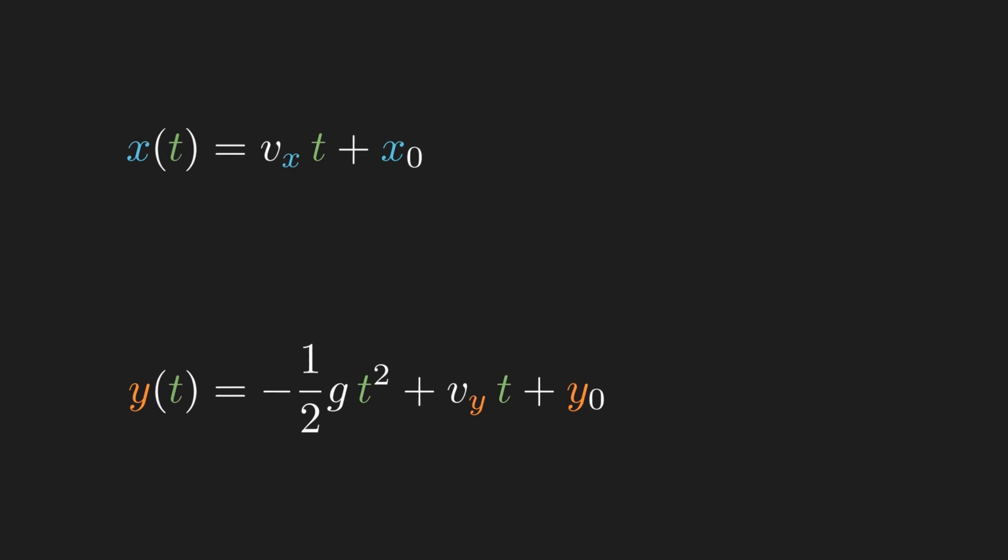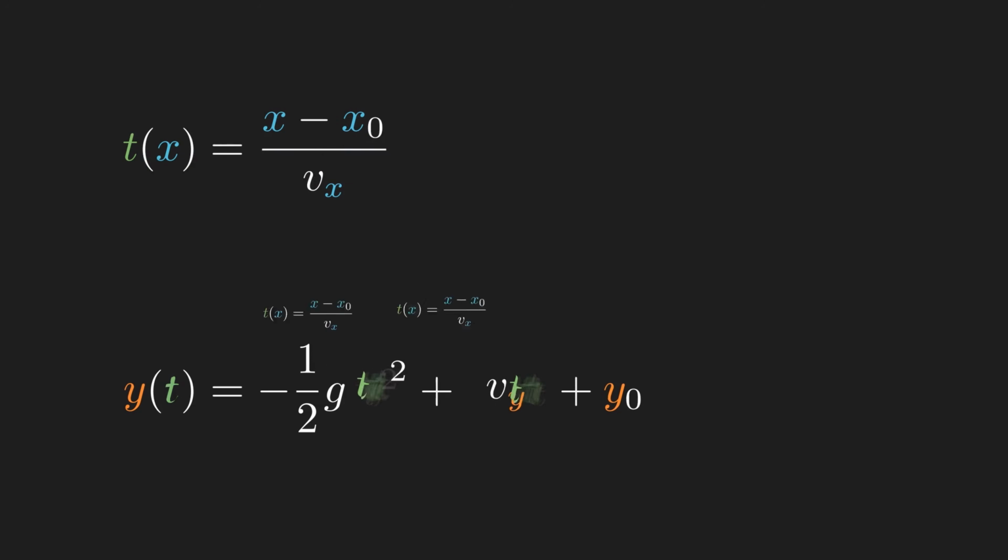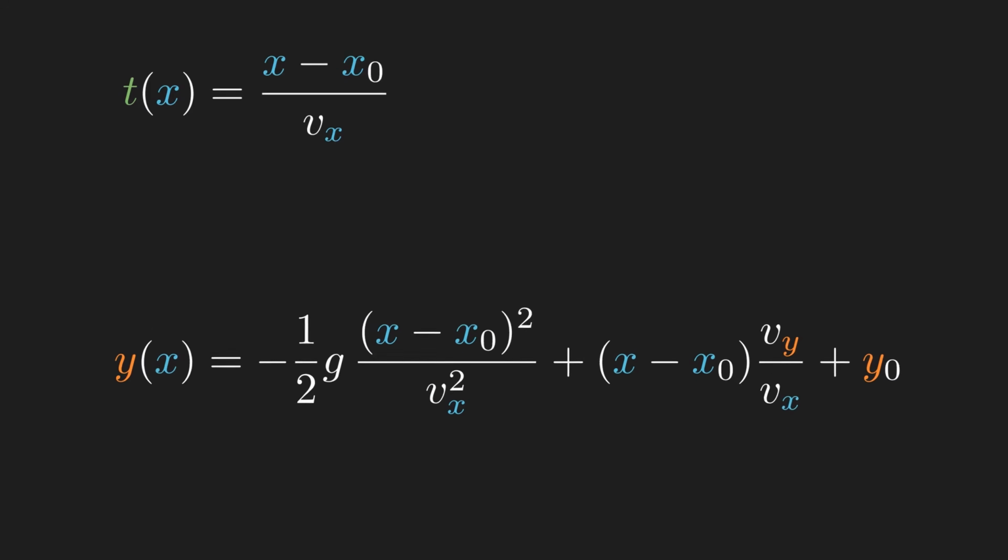But wait, these are now in terms of a time t. We don't want to know when the projectile is gonna hit, we want to know where it's gonna hit. So we're just gonna rearrange the top formula and solve for t. This we can substitute in the y component, and finally get our desired equation of motion.